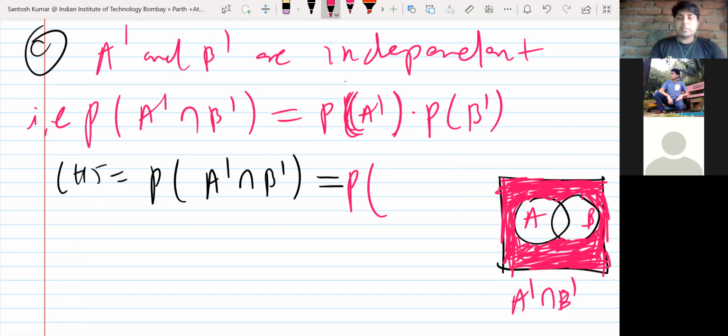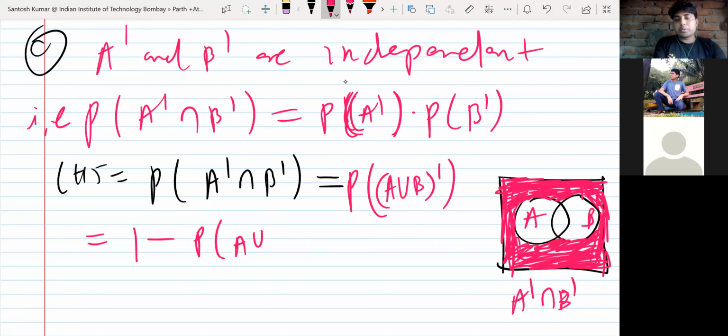A dash intersection B dash can be written as what? A union B whole complement. Yes. So you can see in the Venn diagram also, A union B is the white portion that I have not shaded, and then the rest is the complement. So it's A union B whole complement, same thing. Neither in A nor in B. For a complement, you can write 1 minus probability of A union B.